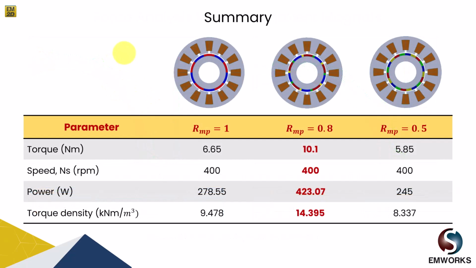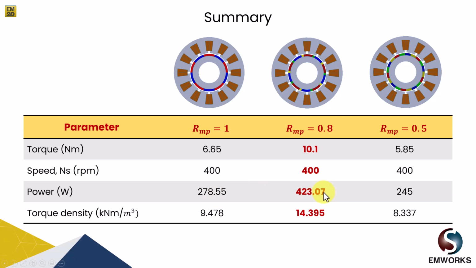To summarize all the three models, if we look at the torque magnitude, the highest torque, close to 10.1 Newton meter, was for the second model, which has a Halbach array ratio of 0.8. The base speed was kept the same to have a fair comparison, and the stator and the windings were the same for all three models. We obtained the highest power for 0.8.